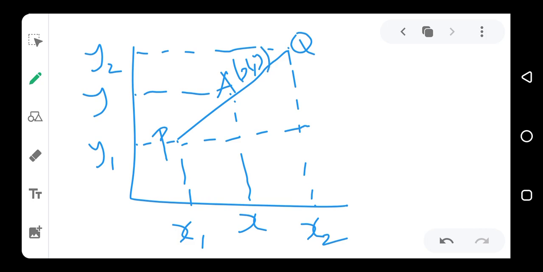Now we have this graph for line PQ, and the line is divided by a point A. Now let's say that this part of the line is small p and the other side is small q.